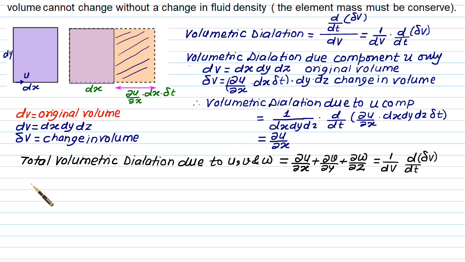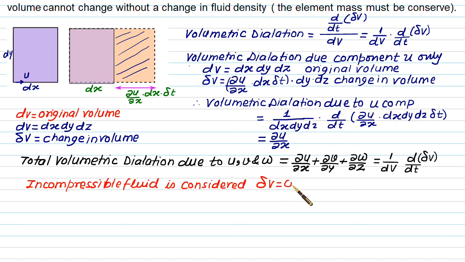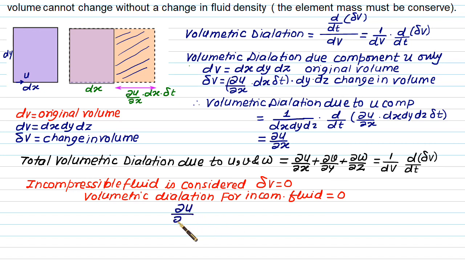As far as an incompressible fluid is considered, the change in volume, that is delta V, is equal to 0, and therefore the volumetric dilation in the case of an incompressible fluid is always 0. So in case of an incompressible fluid, the total volumetric dilation, which is given as del u by del x plus del v by del y plus del w by del z, this sum must equal 0.